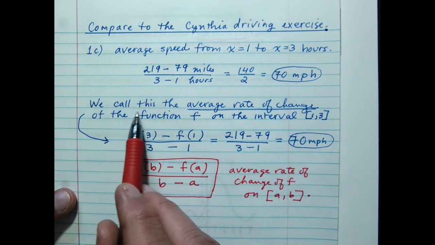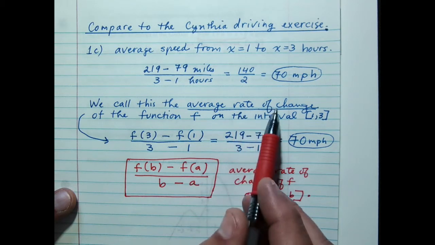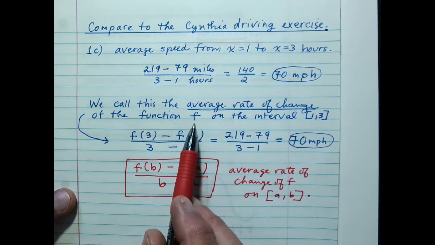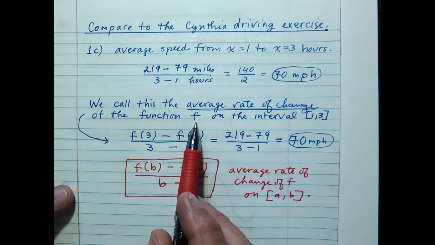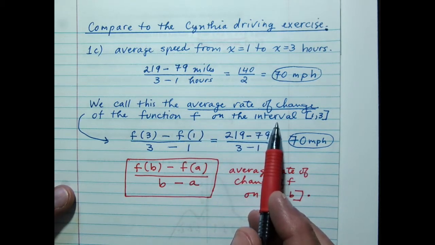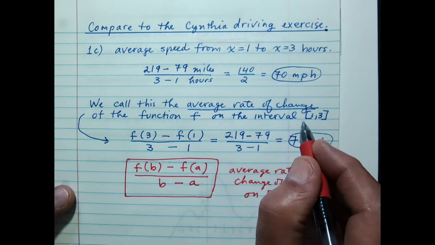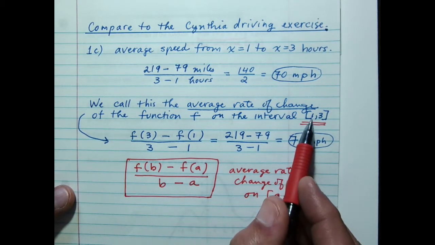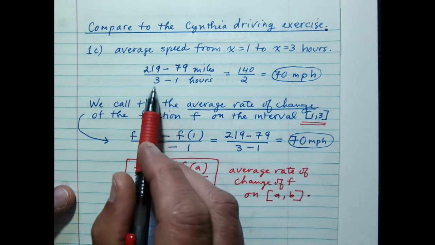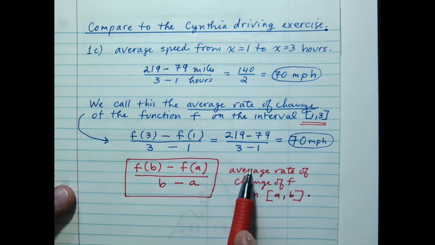So in general, we can call this the average rate of change of the function f. So that function f on the first page, that complicated looking function, on the interval, we'll say it's on the interval [1, 3] in square brackets. That refers to the input values of 3 hours and 1 hour.